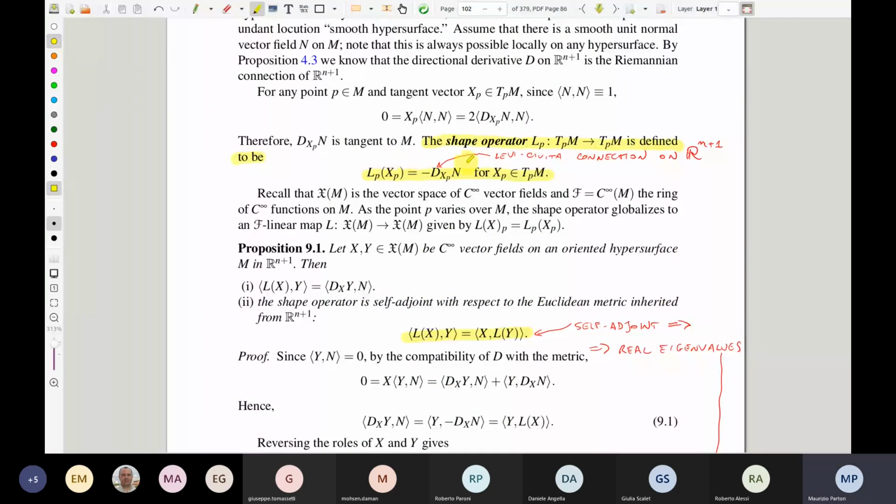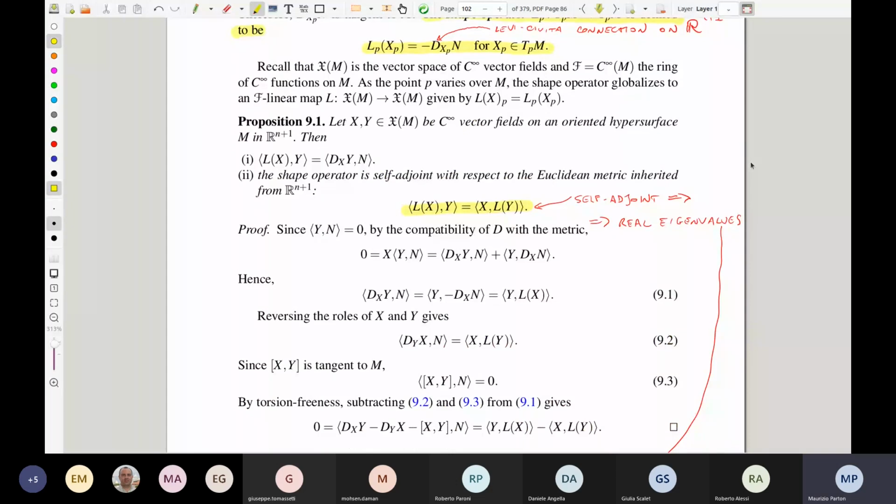The shape operator is defined as the directional derivative. What is changing here? Nothing. Just this directional derivative is in R^(n+1). Before it was in R^3. So you can think about this section just as a copy of the previous section on R^3. It's very, very easy. Remember, the first property of the shape operator was that it was self-adjoint. Yes, it is self-adjoint.